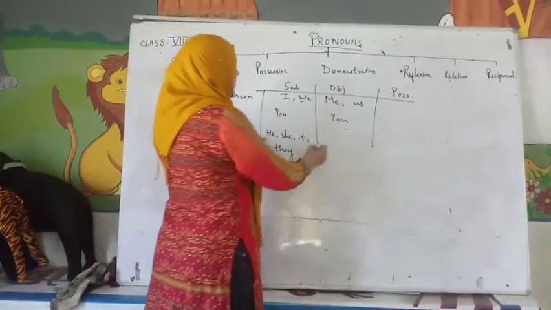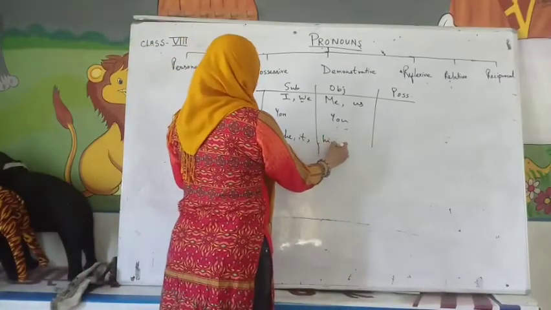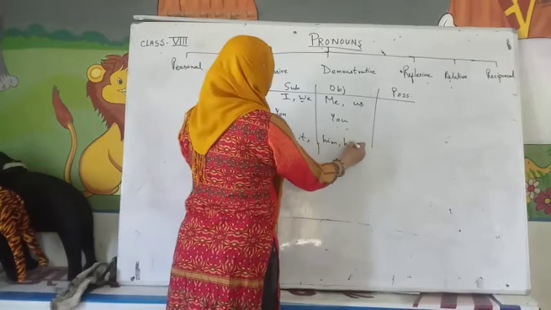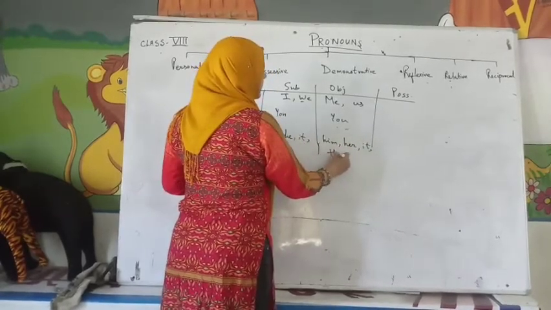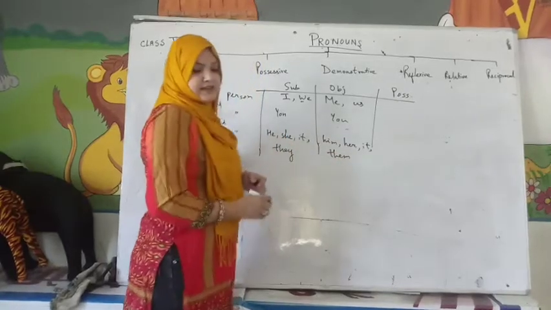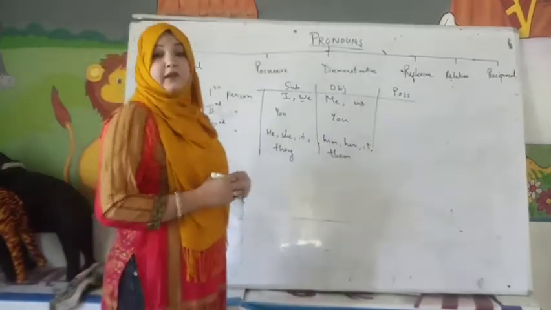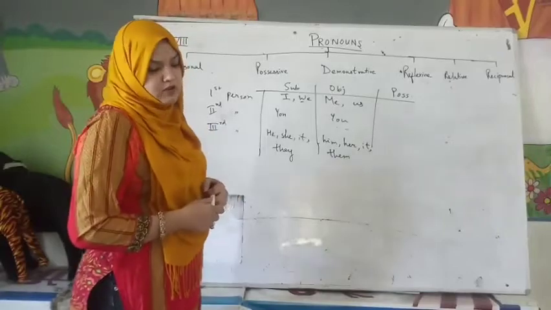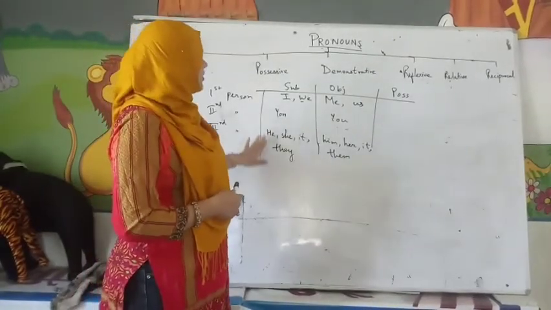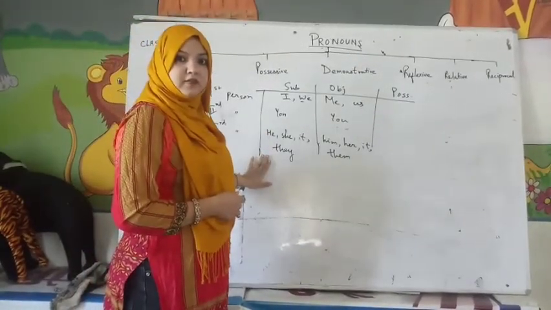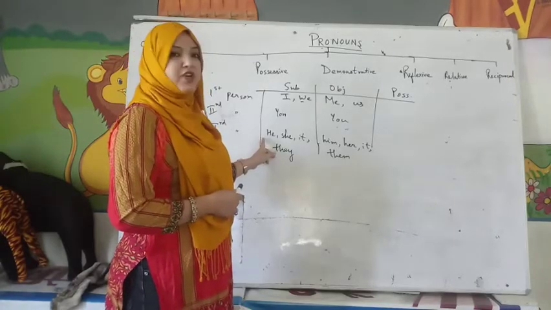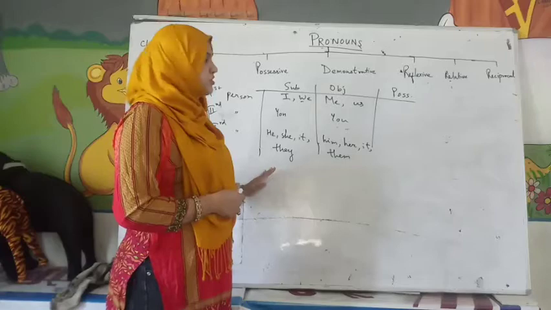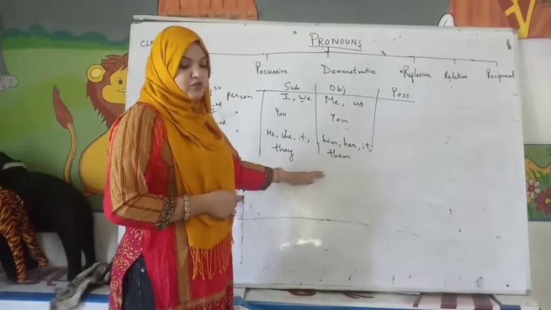He will become him, she becomes her, it stays it, and they becomes them. Is that clear? So, you should know how to use this: in subject which pronouns I use, in object which pronouns I use.